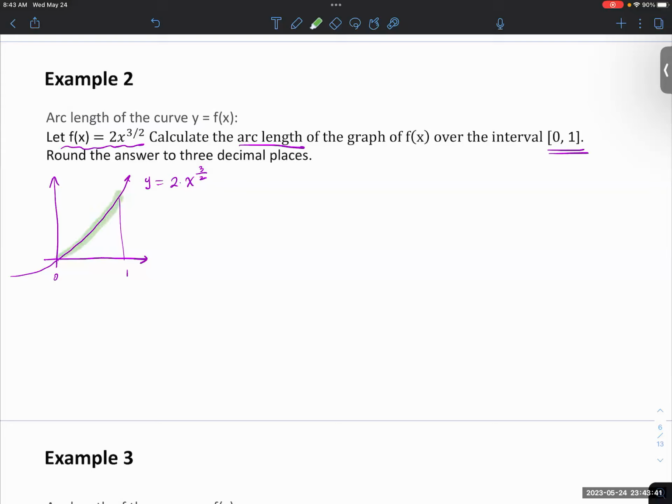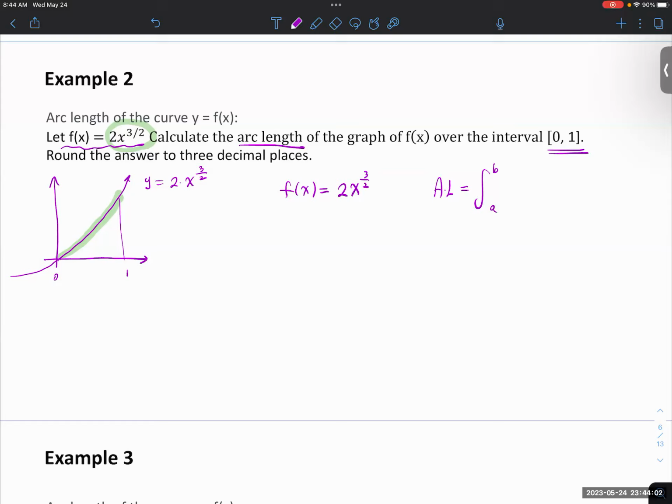Are we okay with that? So x is the variable, and f of x is a given, 2x to the 3 over 2. We are looking for the arc length from a to b, which is 0 to 1.